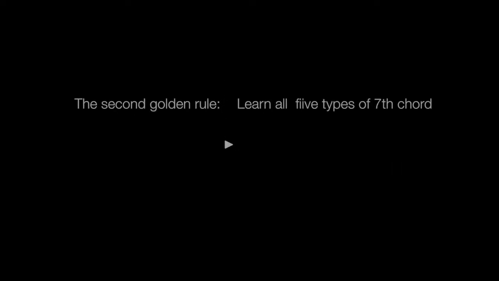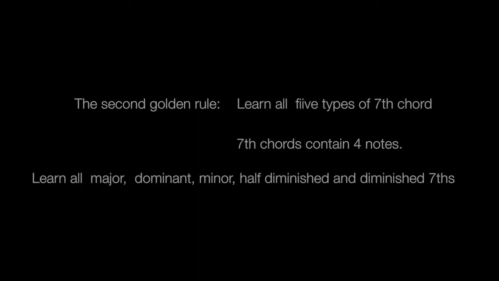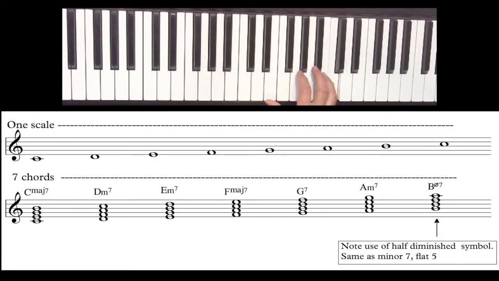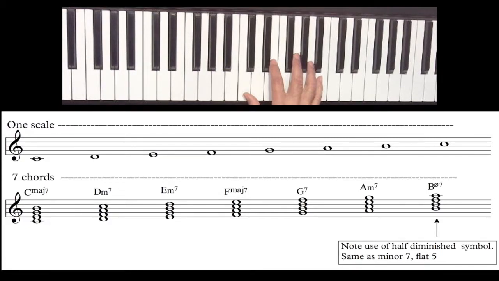The type of chords that we mainly use in jazz are called seventh chords, and each of these seventh chords contains four notes. I showed you in the previous video that if you play a major scale and build these four-note chords on each step, you get all the essential types of chords.